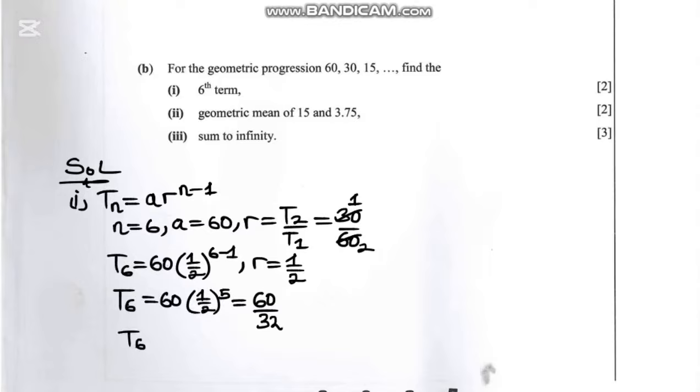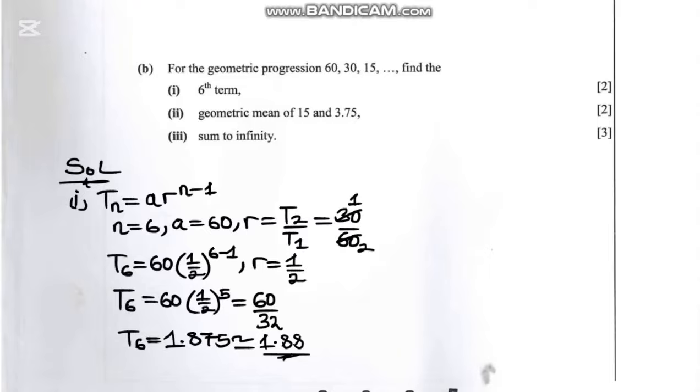Writing the answer as a decimal, we divide 60 by 32, and this gives 1.875. Our answers are supposed to be correct to 3 significant figures. This is 4 significant figures, so this will equal 1.88, correct to 3 significant figures.